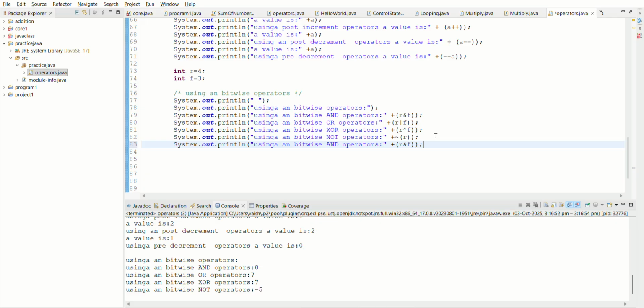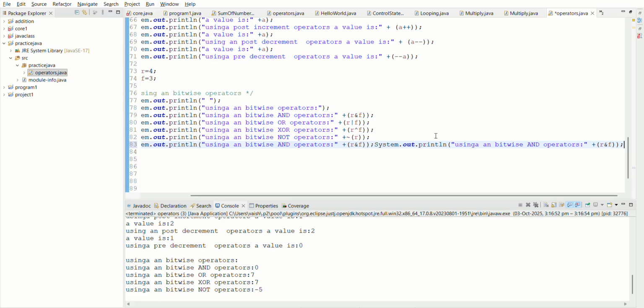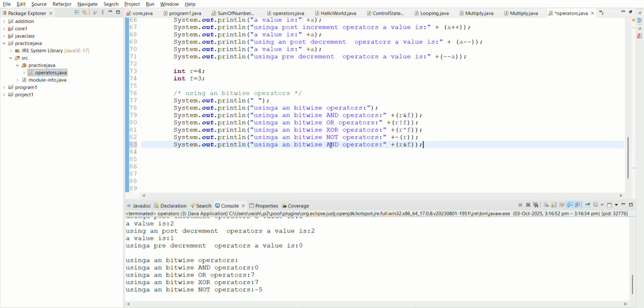So left shift means it adds 0 to the right and multiplies by 2. Here the left shift symbol is double less than.